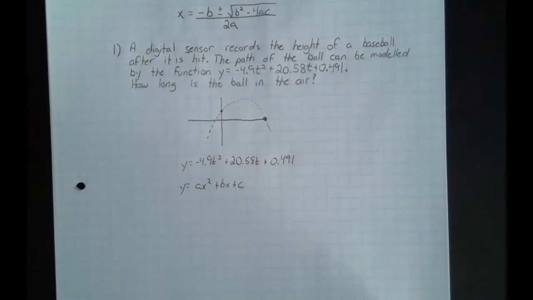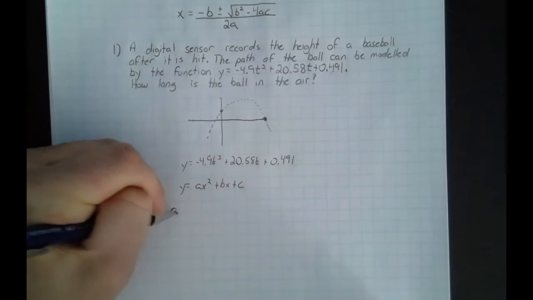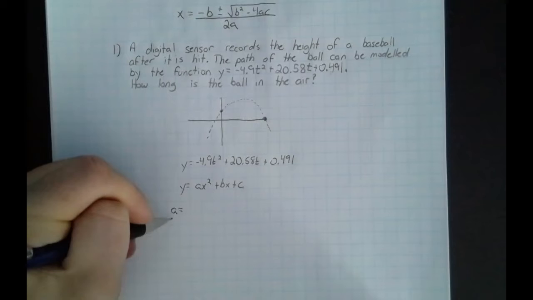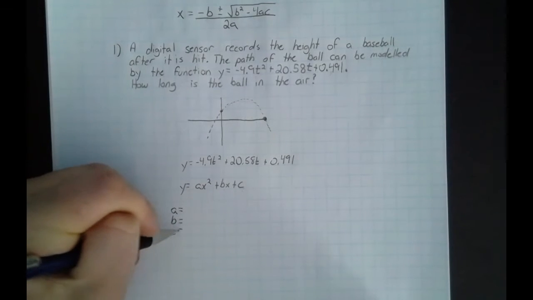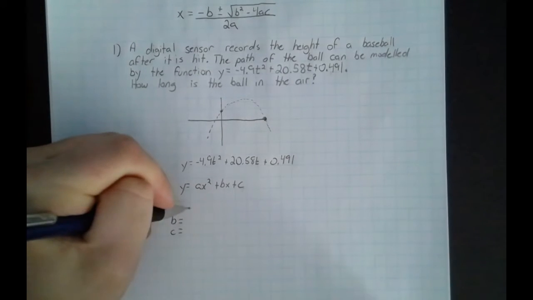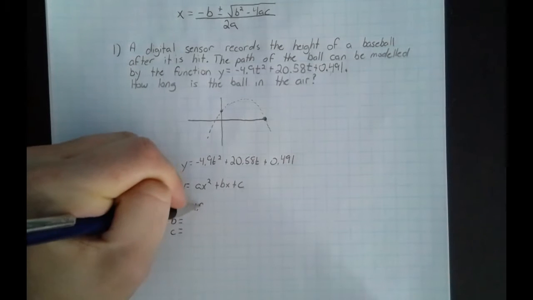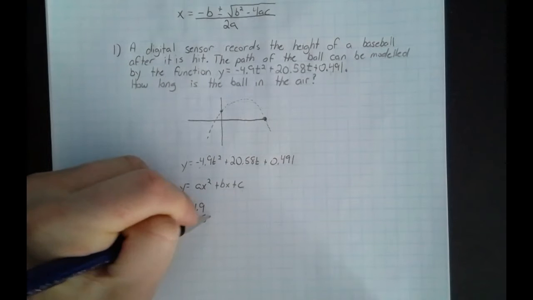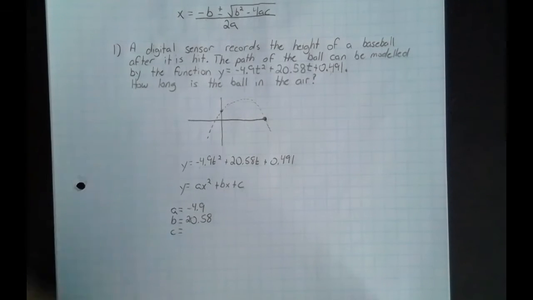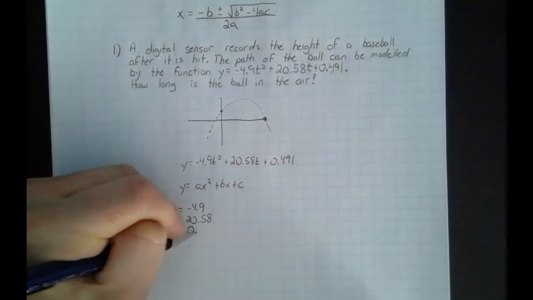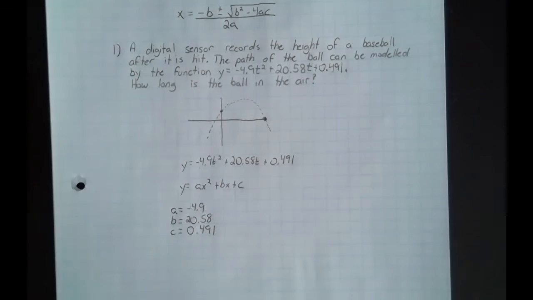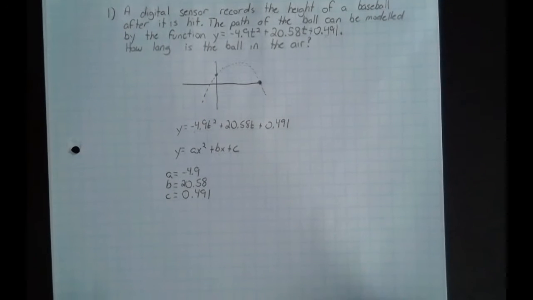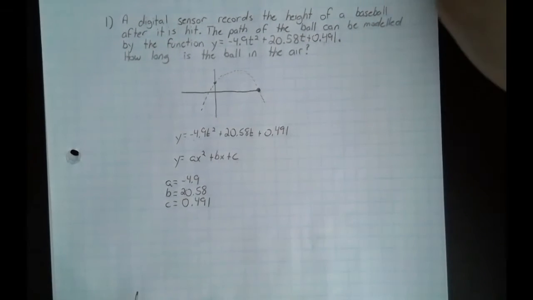Setting up this question, I always like to first state what our values are. So I know that a is negative 4.9. And remember to always keep the sign in front of the numbers. B is 20.58. And c is 0.491. Once we know these values, we can now sub them into our quadratic formula.